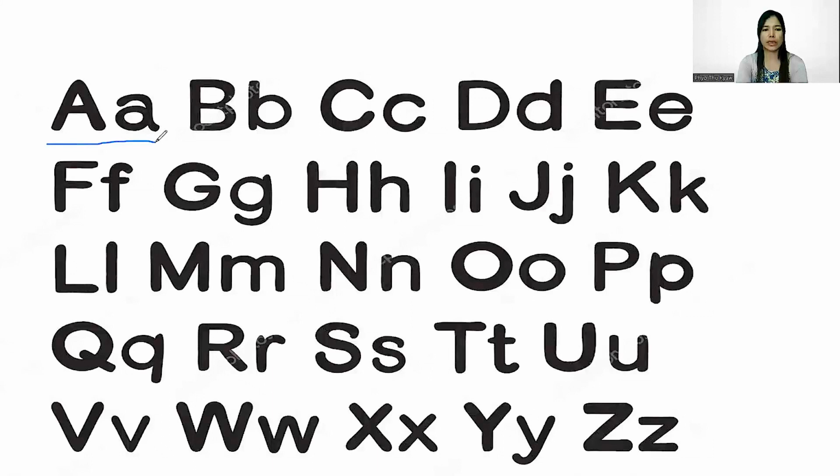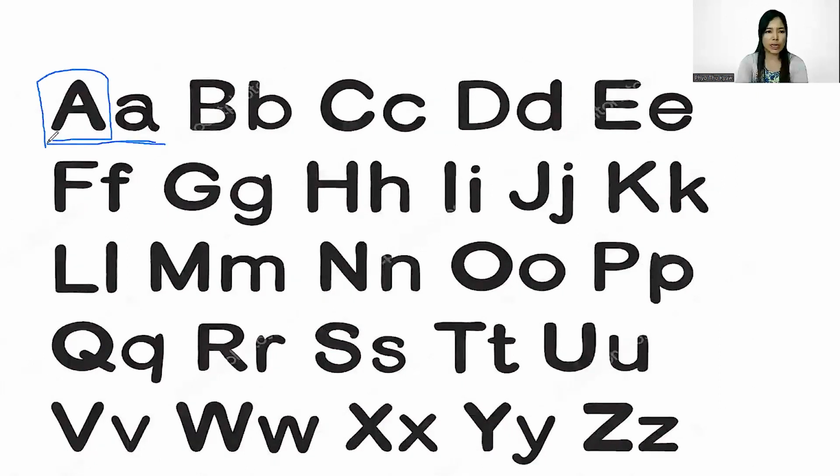So this slide show you how different between capital letter and lowercase. This letter is called capital letter A. This letter is lowercase or small letter. Capital letter, small letter.